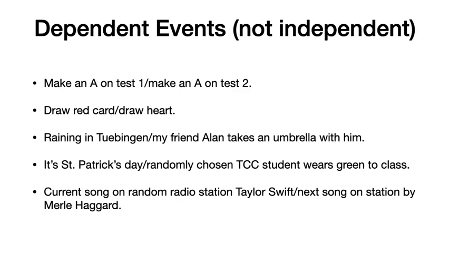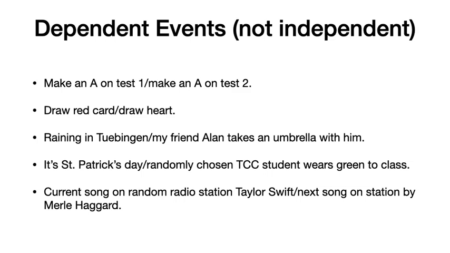If a random student in a class tells you that she made an A on the first test, whatever you think the odds are that she'll make an A on the second test have gone up. Making an A on the first test doesn't necessarily mean you'll make an A on the second, but if you tell me you made an A on the first, I'm going to peg the odds that you make an A on the second higher than I did when I just knew you were a random student, right?